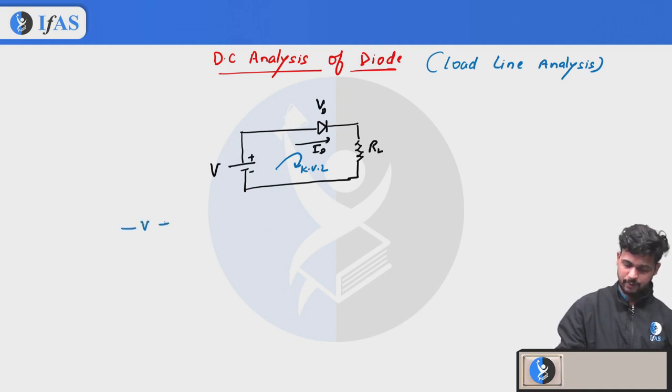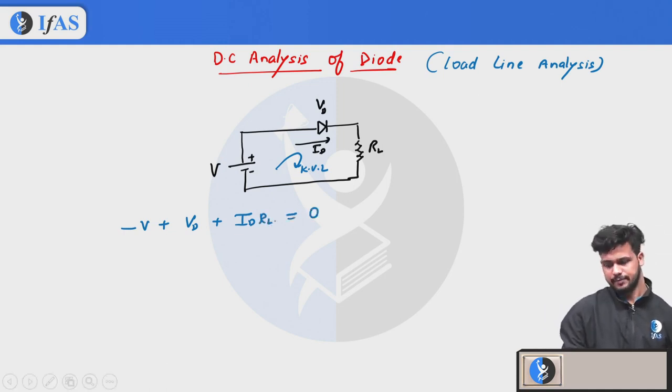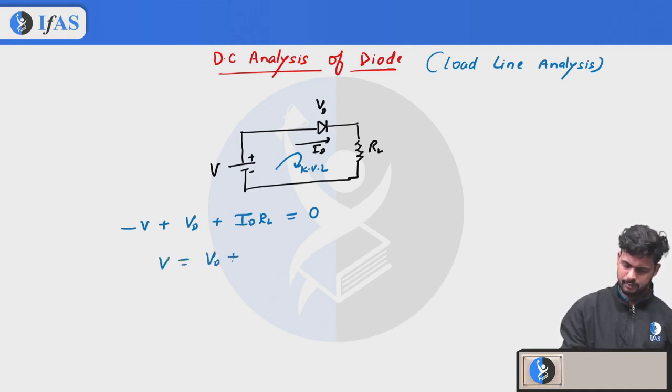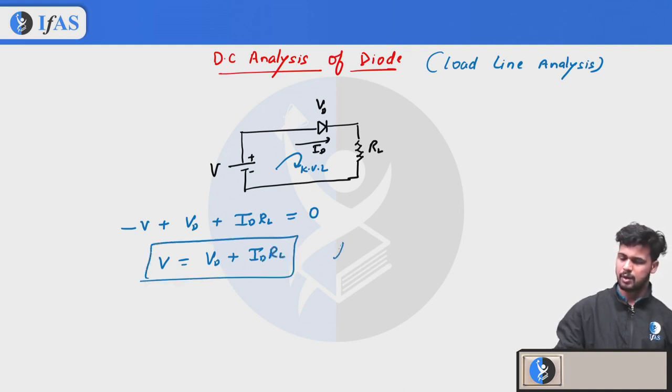So negative of V plus VD plus ID into RL equals 0, so this is the KVL. So V is equal to VD plus ID into RL. Okay, so this is the load line equation.